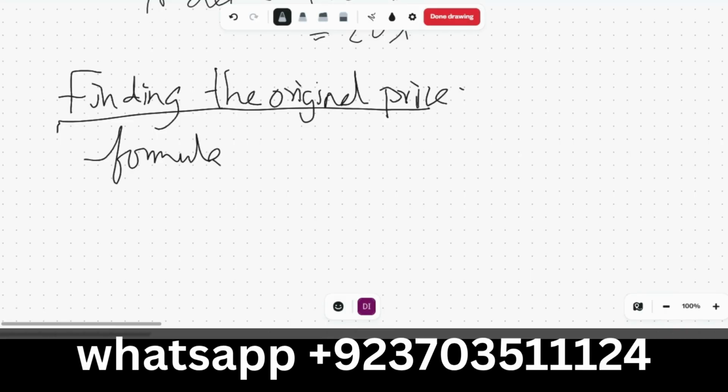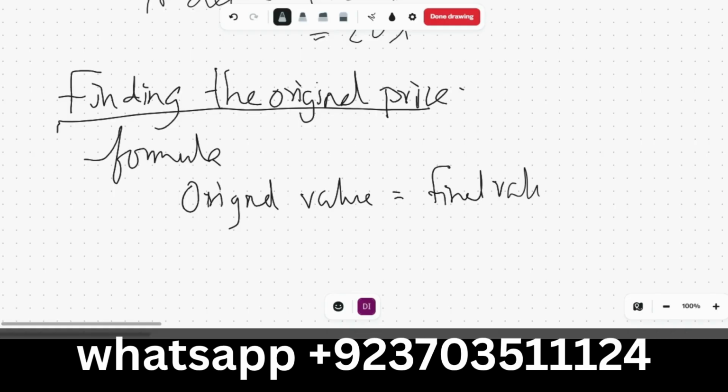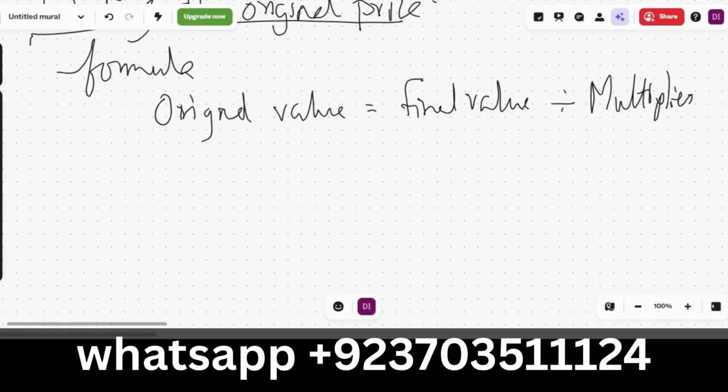Original value is equal to final value divided by multiplier. So now we are going to do a question on that.